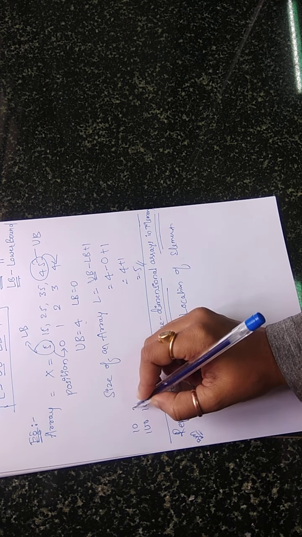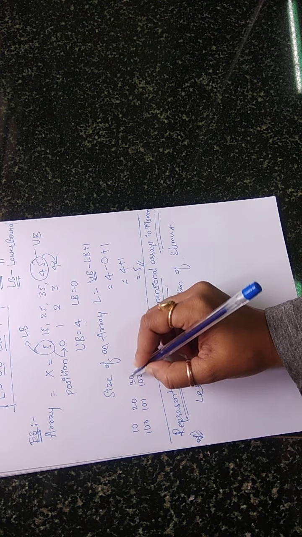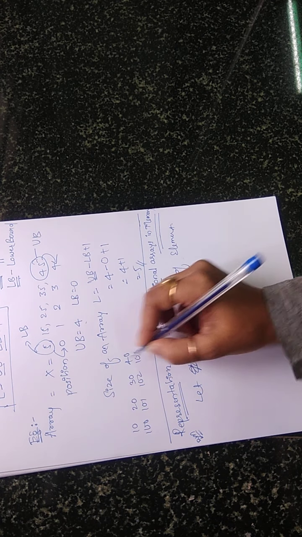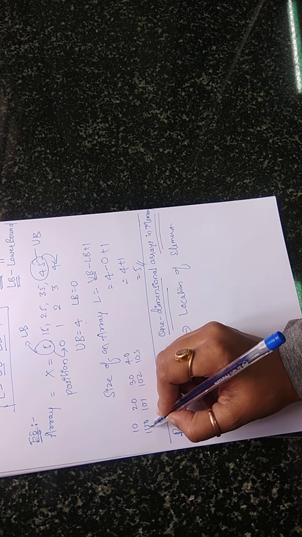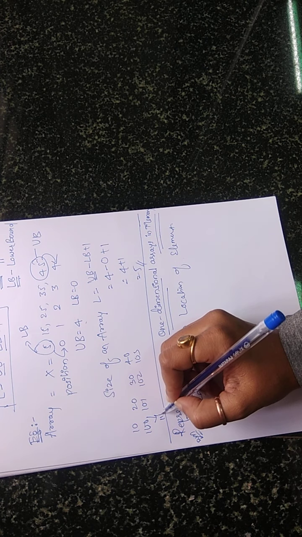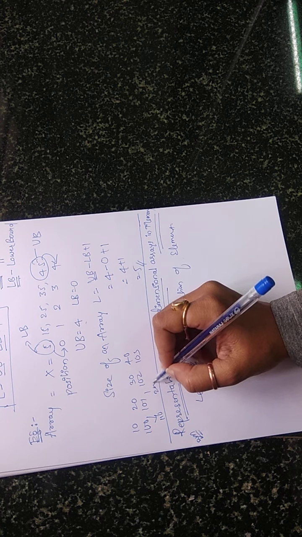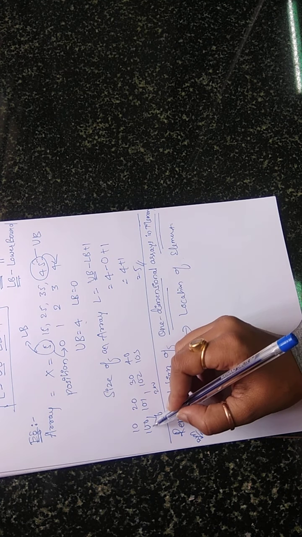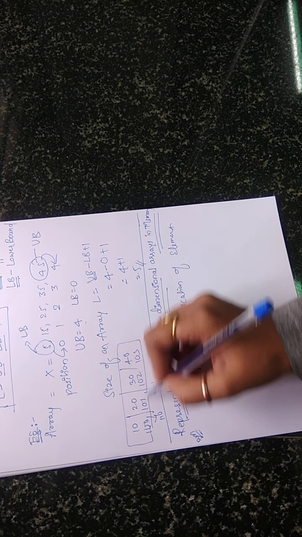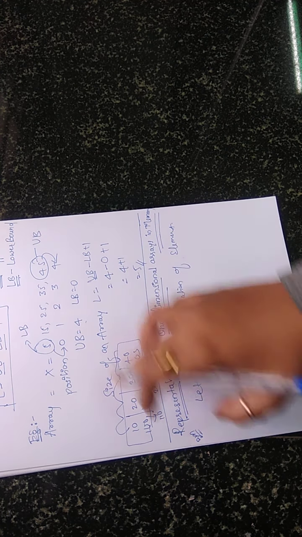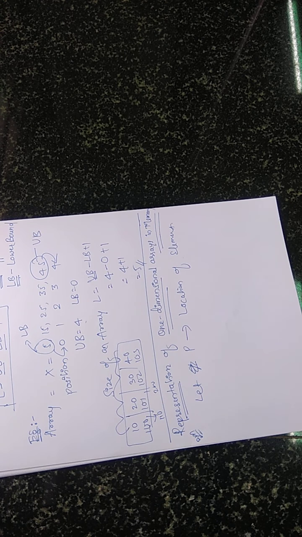Next, 101 stores the next element, then 102, then 103, in sequence. It is not like the first element in 100, the second in 110, and the third in 200. If you find the first location, the next will be in the consecutive memory location. Such memory allocation is called linear, and the array stored that way is called a linear array.